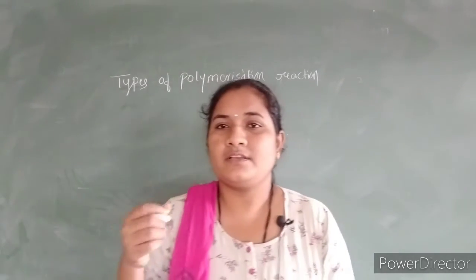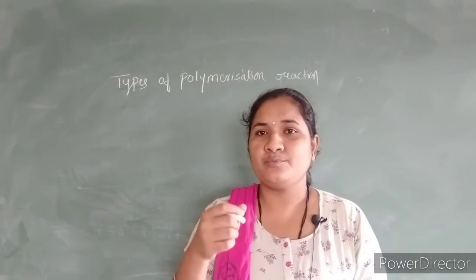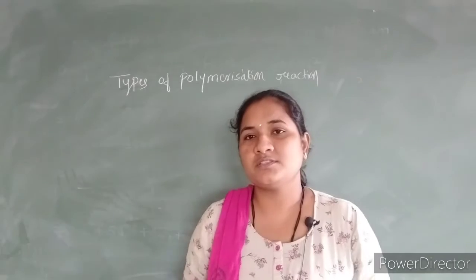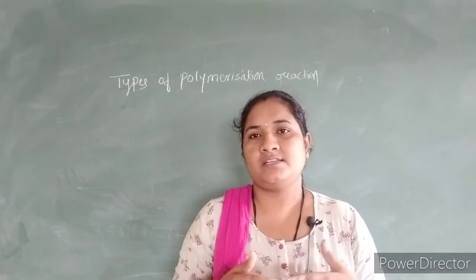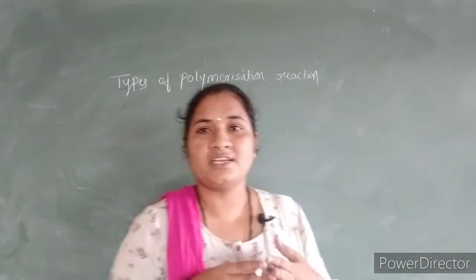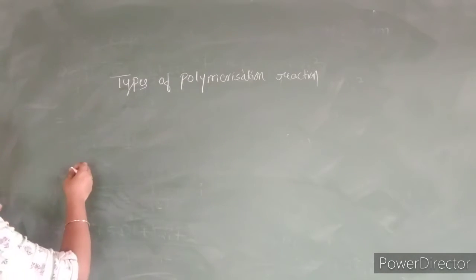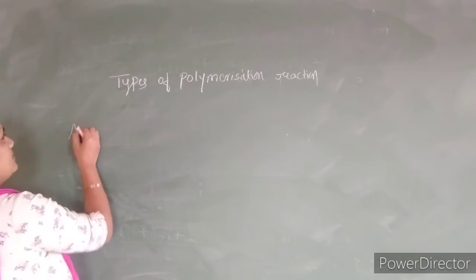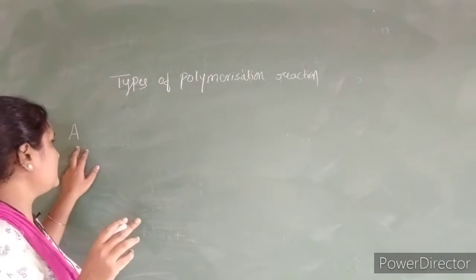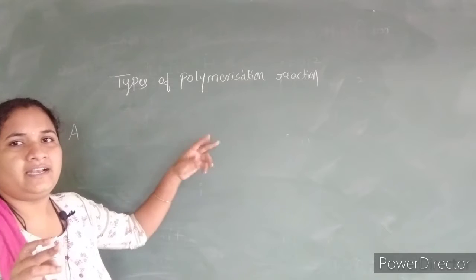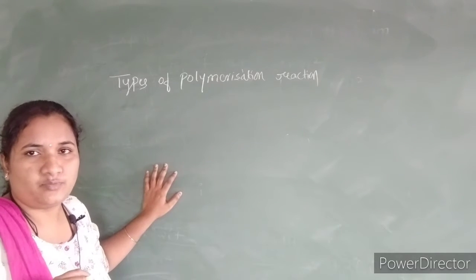In addition polymerization the chain growth takes place, so it is also called the chain growth polymerization reaction. The types of polymerization reaction consist of two types: addition polymerization and condensation polymerization.